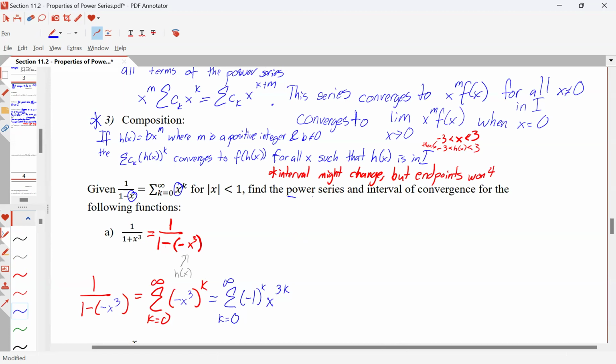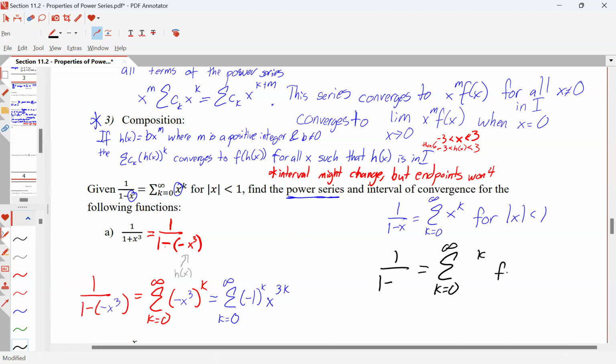There's our power series. Now finding the interval of convergence: 1 over 1 minus x equals the series from k equals 0 to infinity, x to the k, for the absolute value of x less than 1. This means I'm going to copy this all down, except leaving out the x part. What we've put in the x part is that negative x cubed.